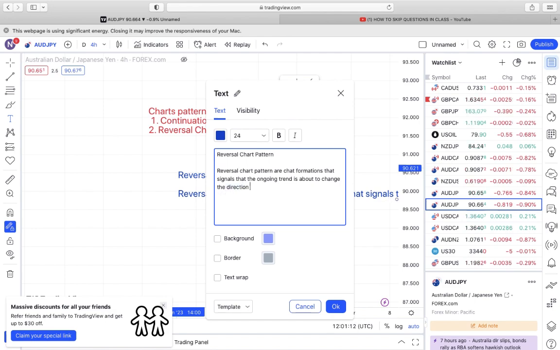This is what we mean by reversal chart patterns. Reversal chart patterns are formations that signal that the ongoing trend is about to change direction. Those are reversal chart patterns.